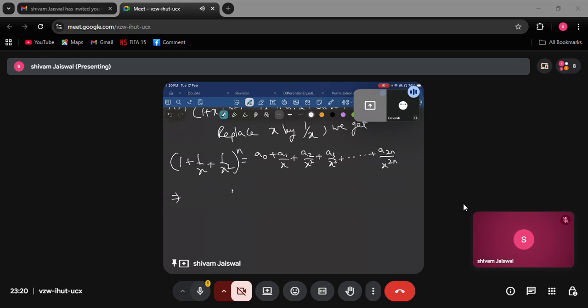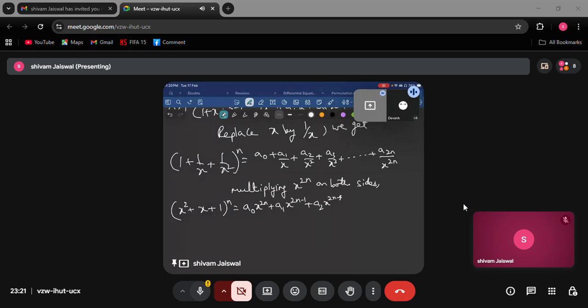Multiplying by x to the power 2n on both sides. What do we get? (x square plus x plus 1) whole to the power n is equal to a0 x to the power 2n plus a1 x to the power 2n minus 1 plus a2 x to the power 2n minus 2 plus dot dot dot plus a2n.